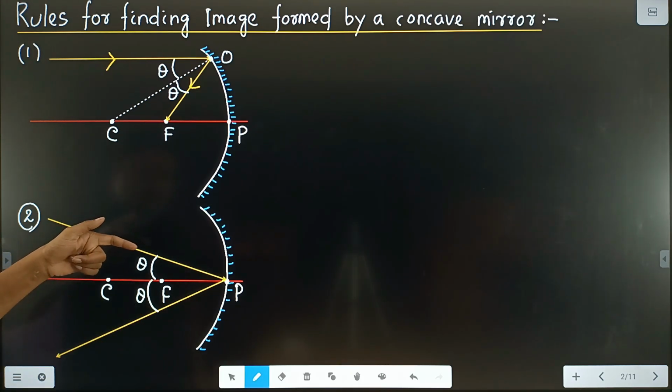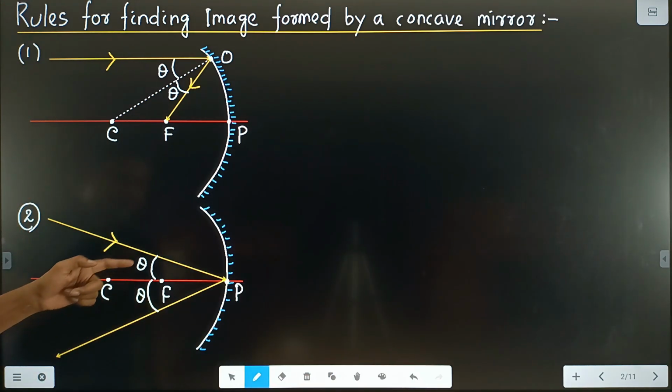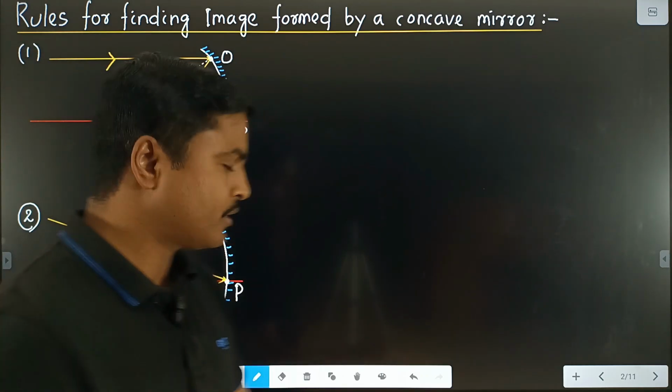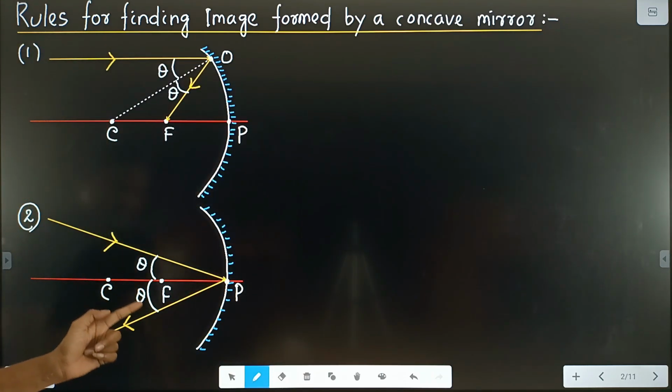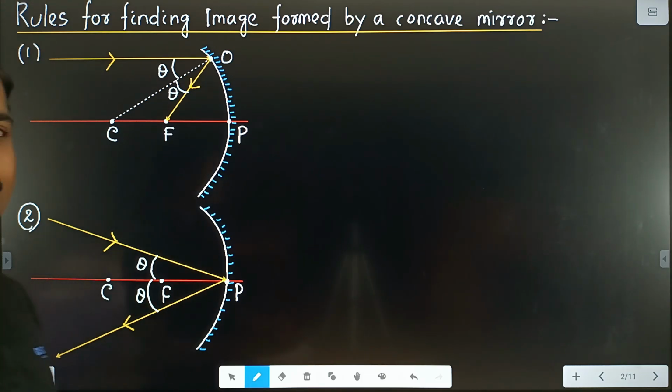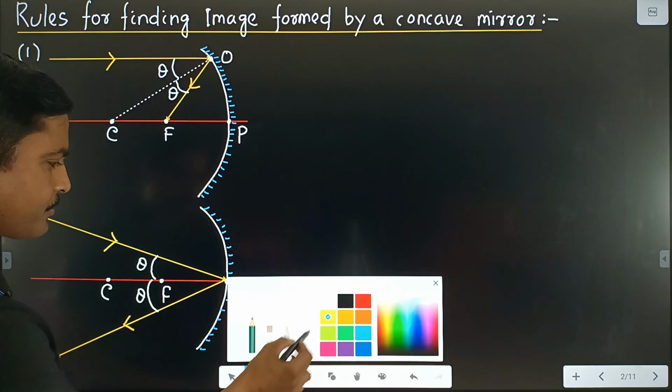That means if incident ray makes an angle theta with the principal axis, then the reflected ray also makes an angle theta with the principal axis. Clear?